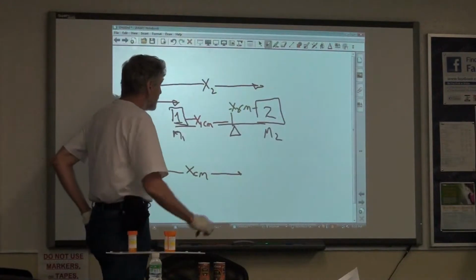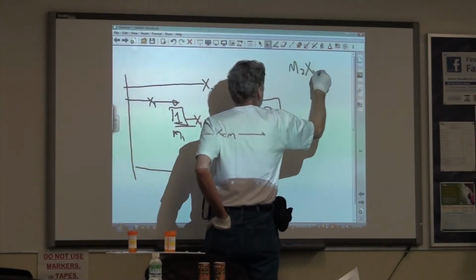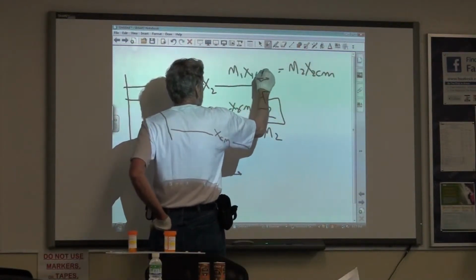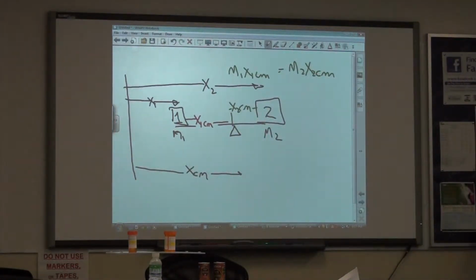Okay? Now I think you agree that m2 times x2 cm equals m1 times x1 cm for balance. The product of m2 times its distance equals the product of m1 times its distance for balance. We all agree to that?